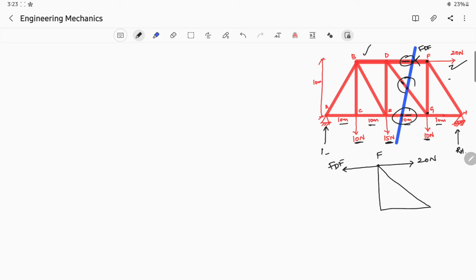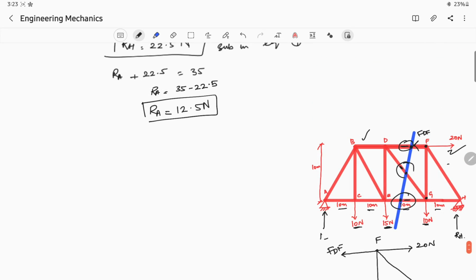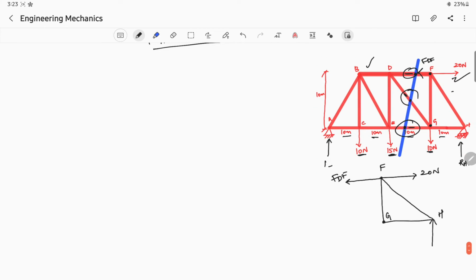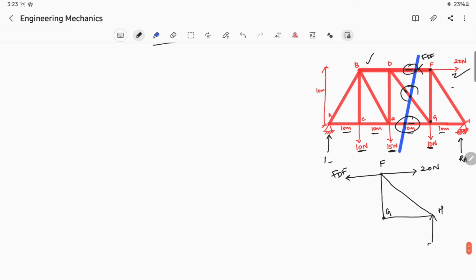Then at this location, this is G and this is H, right? Here we have one vertical force, that is RH. What is the value of RH? We got 22.5. And here at G we have one force going in downward direction, that is 10 Newton.